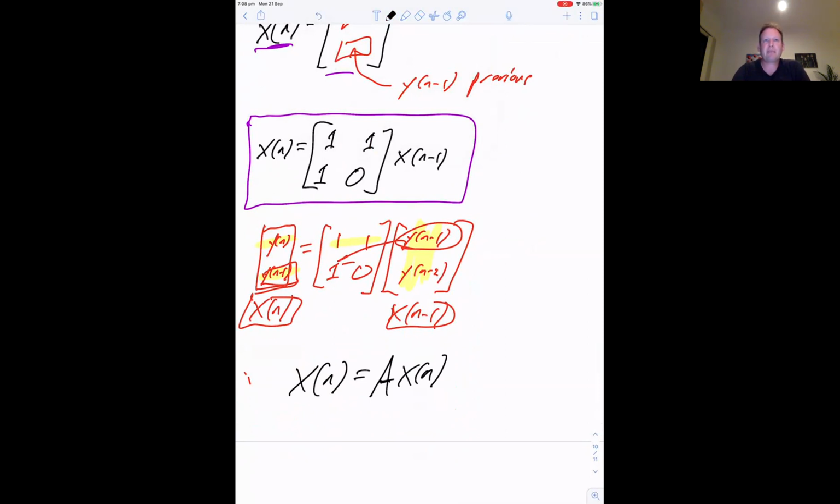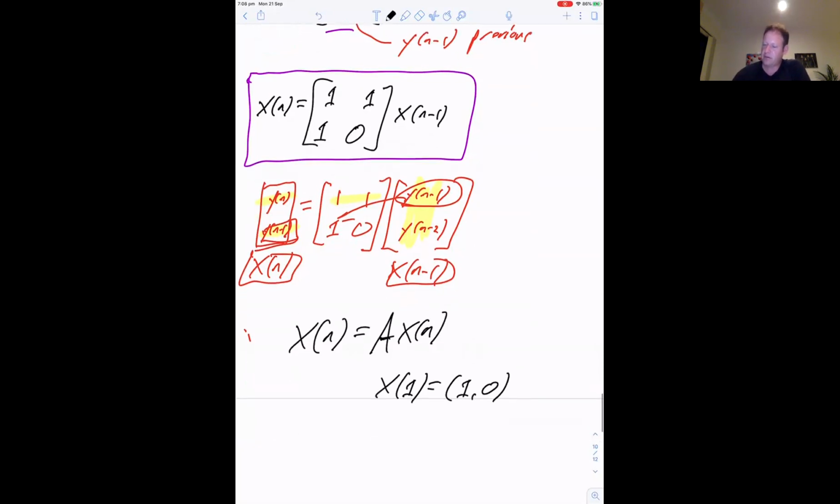All right. Let's start at x1 being 1, 1, or we can even say 1, 0, if we'd like. Depends how we want to start. So what's x2? x2 is A x1.